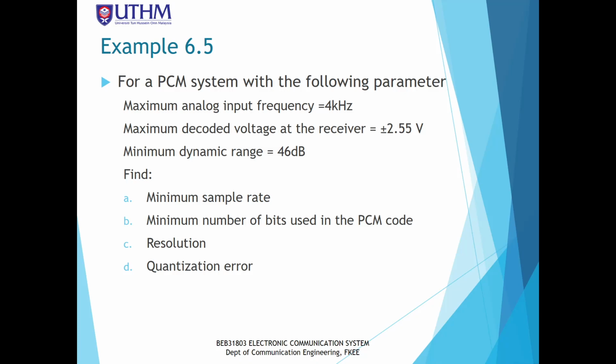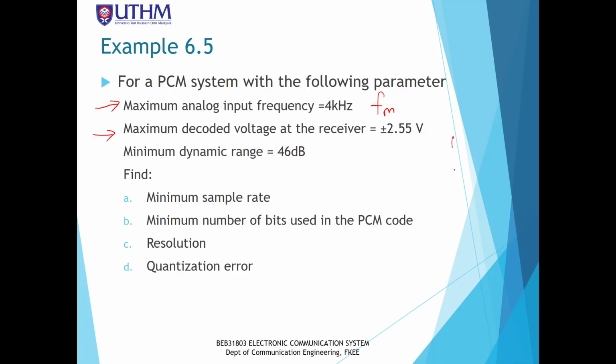Example 6.5, for a PCM system with the following parameters. Maximum analog input frequency, which refers to the maximum message frequency, and the maximum decoded voltage at the receiver would be plus or minus 2.55 volts.